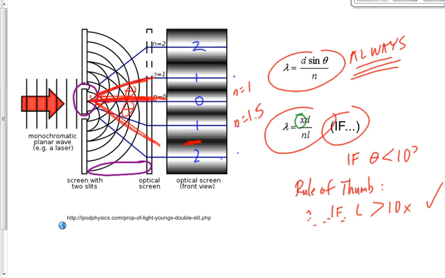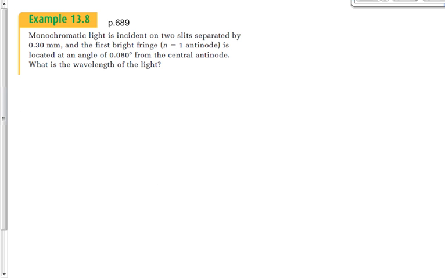Okay, we've got a couple example problems here. The first one is on page 689. It says monochromatic light. This is one color. That's good. When I showed you the little demonstration a few minutes ago, I used red light, monochromatic light, one color light.